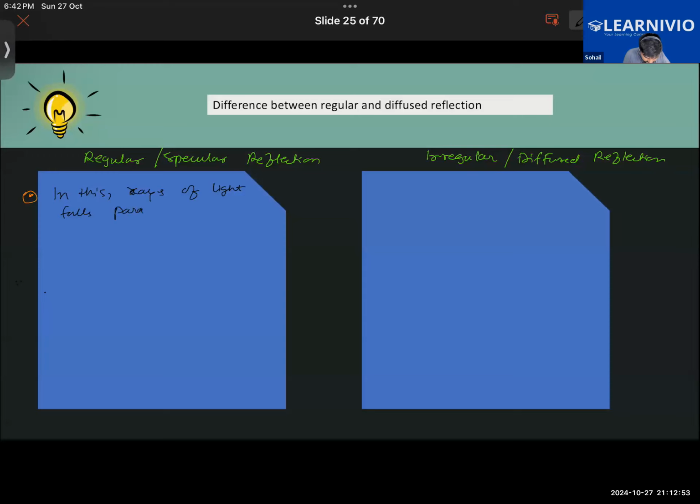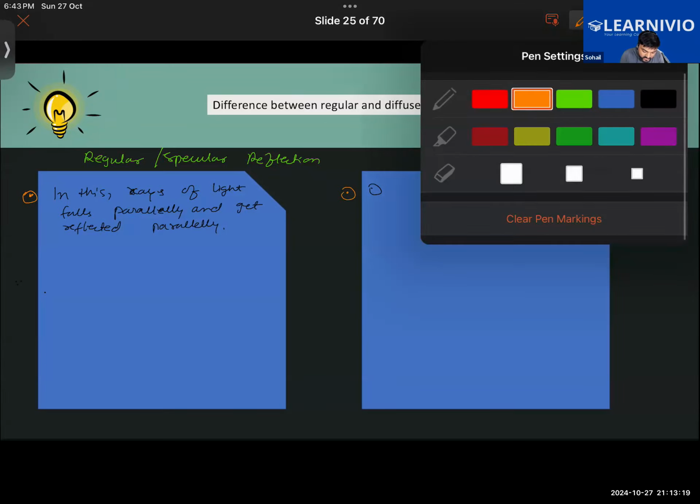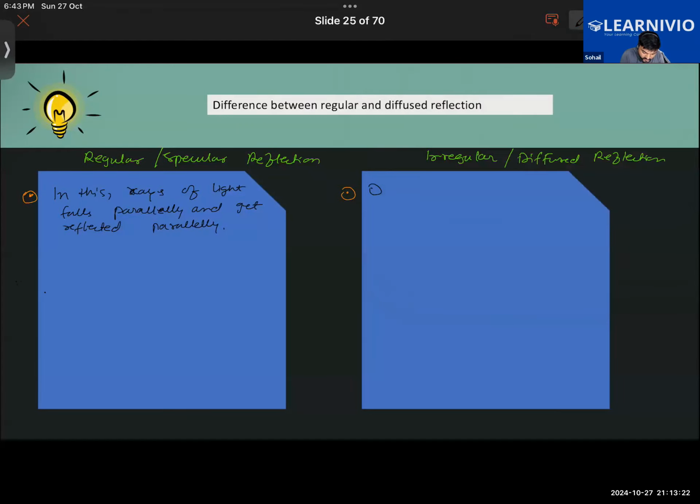So rays of light fall parallelly and get reflected parallelly, right? That is the case. And what about the irregular reflection? There, the rays of light will be falling parallelly, but they will be getting reflected back into different directions. If there are multiple rays of light, can we not call this a beam of light?